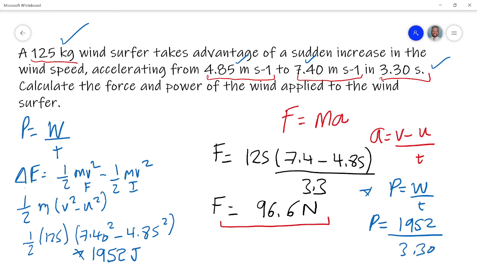Divide that by 3.3 and you're going to get 592 watts, because we know very well the unit for power is watts. So we've calculated the force, which is 96.6 newtons, and we've calculated the power, which is 592 watts.